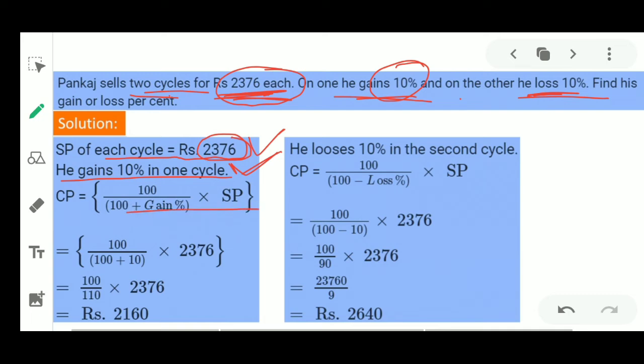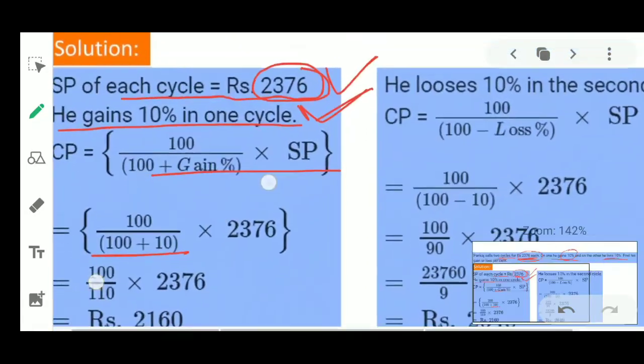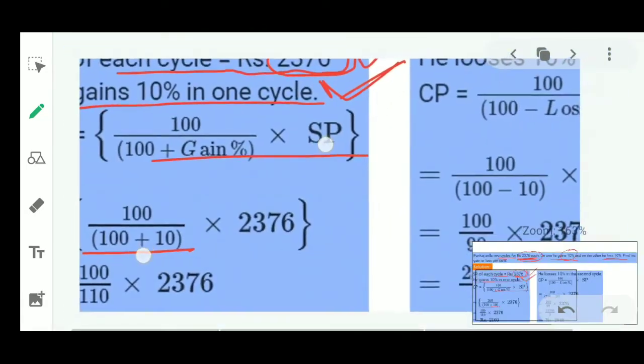Now put the value, then it will become 100 by 100 plus 10, 10 is your gain percent, multiplied by 2376, that is SP. Now it will become 100 by 110 multiplied by 2376.